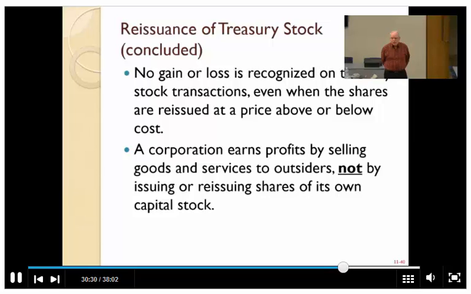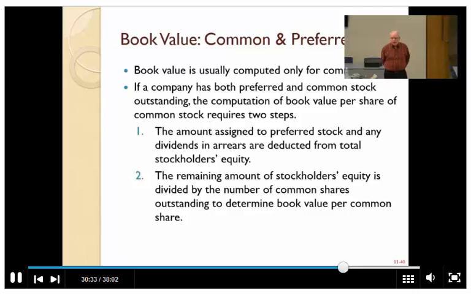All right, now, one of the homework questions deals with book value. And this is the only reason I'm covering this. Book value is computed, and what this says is, if a company has both preferred and common stock outstanding, computation of book value per share is a two-step process.